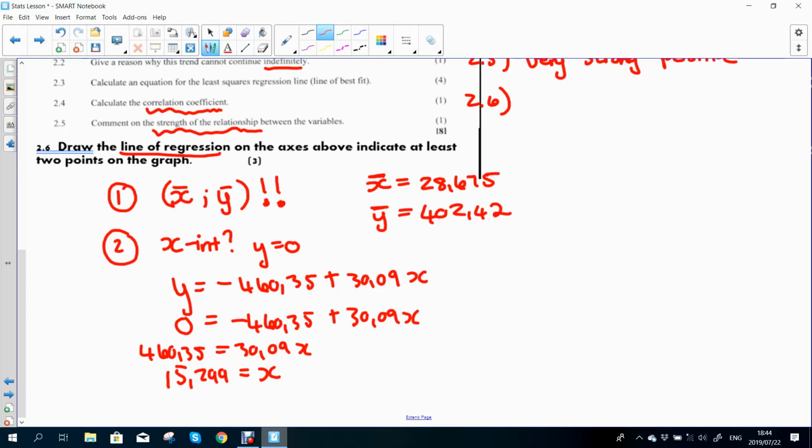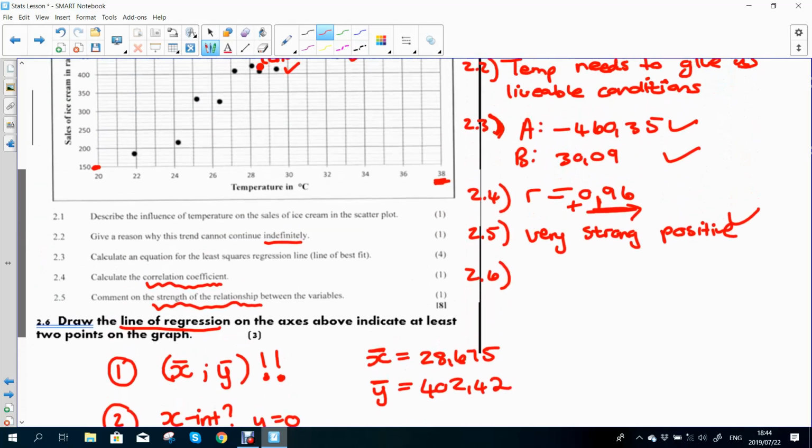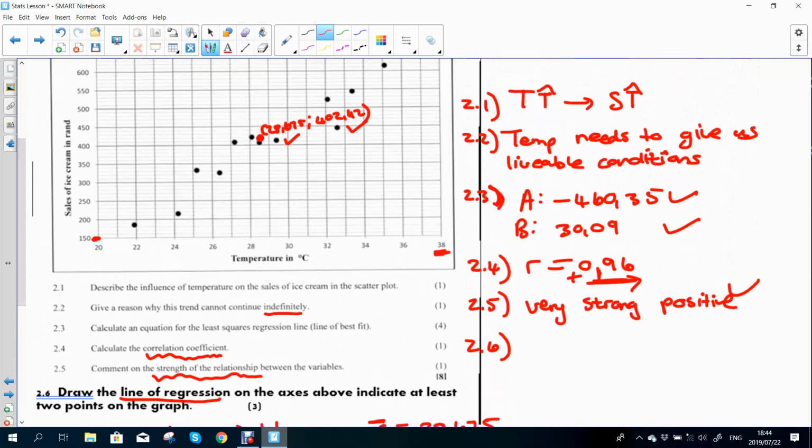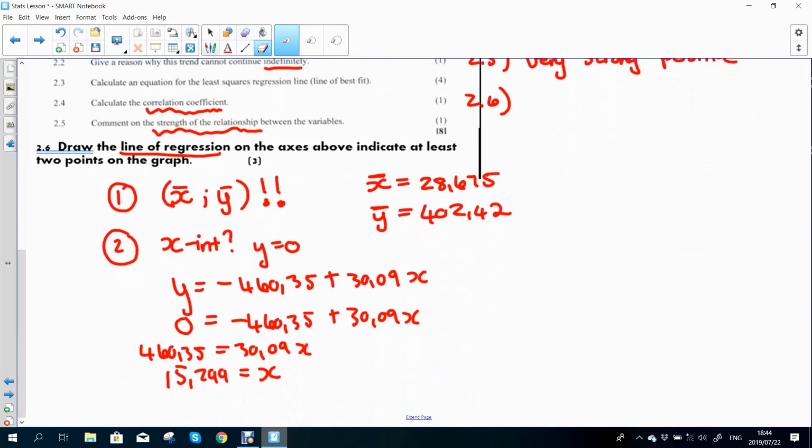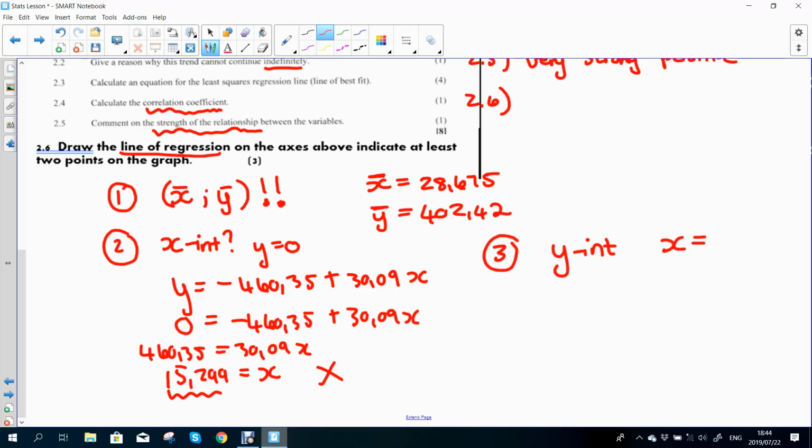So that's an x-intercept. Now, if you go to your graph, you will see that your lowest x value there is 20. So you can't even plot this point. It's not going to work, not for this graph. So if that doesn't work, the third thing that I need you to check is your y-intercept. How do we find y-intercepts? We make x 0.